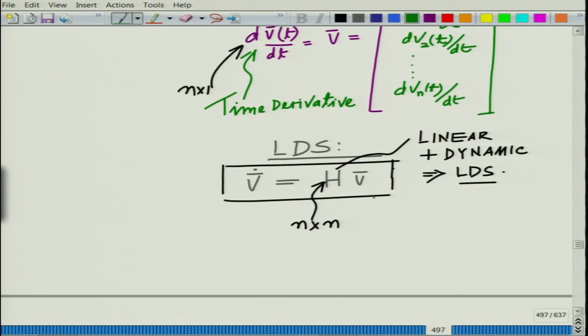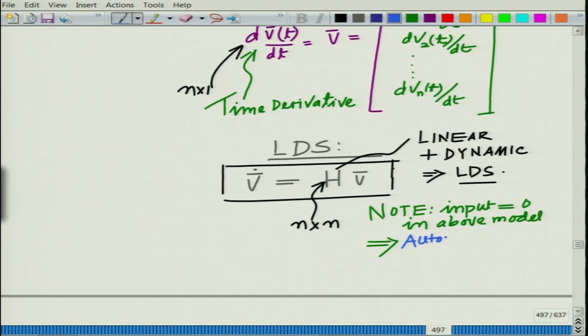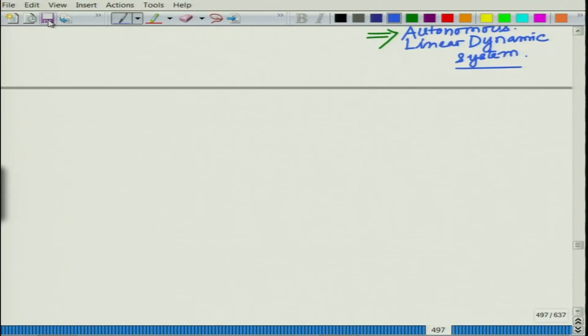So, note: input equal to 0 in the above model implies this is an autonomous linear dynamic system.